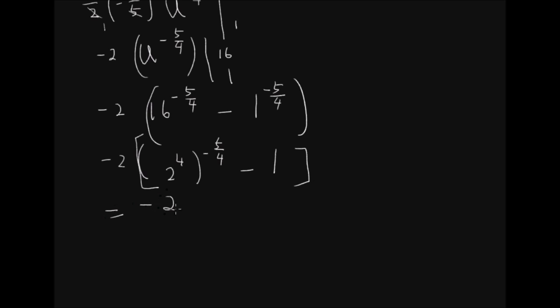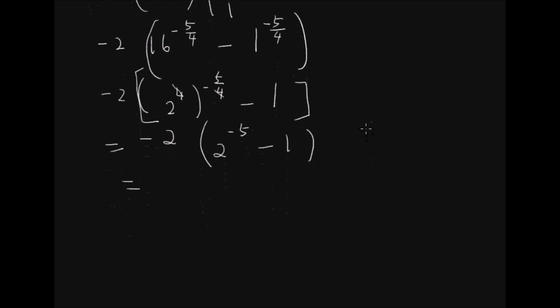So negative 2 outside. This 4 and 4 you can cancel out. So you have 2 to the negative 5 power minus 1. Keep that in mind: a negative power doesn't make the whole value negative, it's still positive.